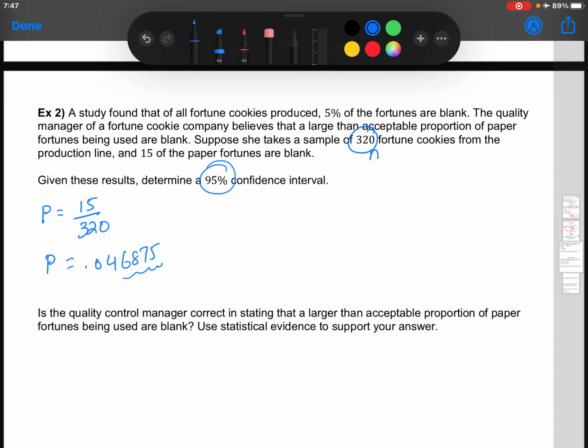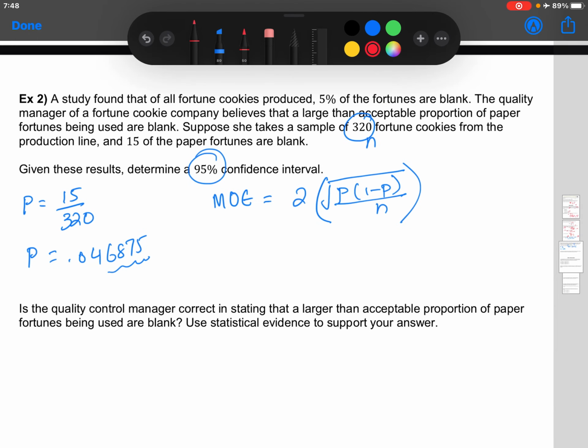For that, I first need my standard deviation and margin of error, which will help me find my confidence interval. I can find my margin of error by doing 2 times the square root of p times (1 minus p) over n. That's what your margin of error is.